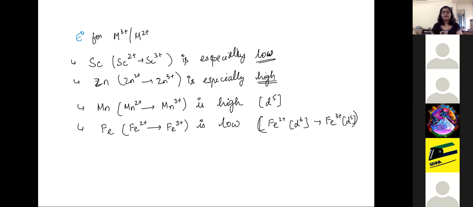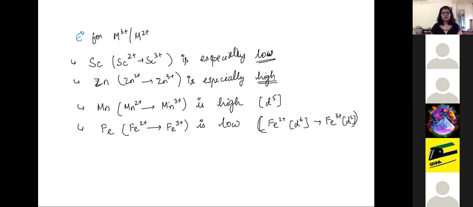That is why manganese or chromium in extremely high oxidation states want to be reduced, which is why they're powerful oxidizing agents. That is why your potassium dichromate and potassium permanganate, with Cr and Mn in extremely high oxidation states, act as oxidizing agents.